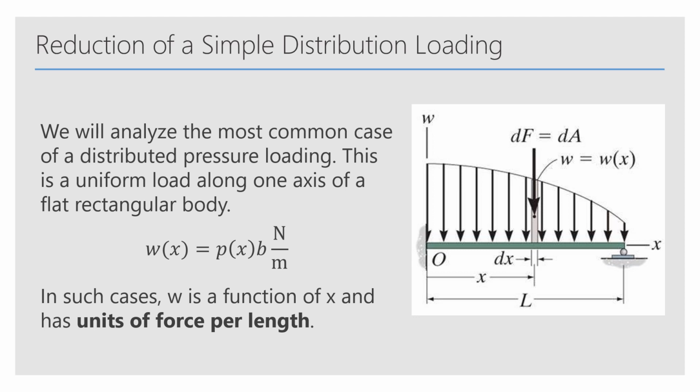But if we take out b, which is constant, which is the width here, we can make it into a 2D problem where instead of p, we have p times b gives us w, which is in terms of force over meter. So you're extracting that width and just leaving it as a constant.